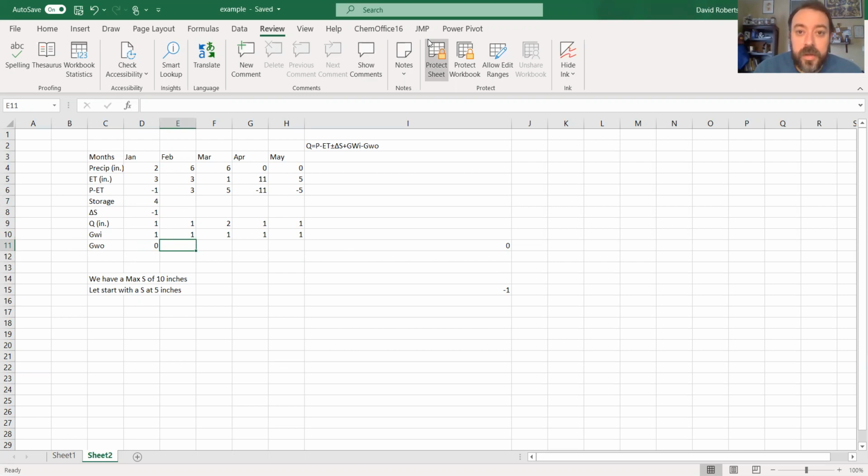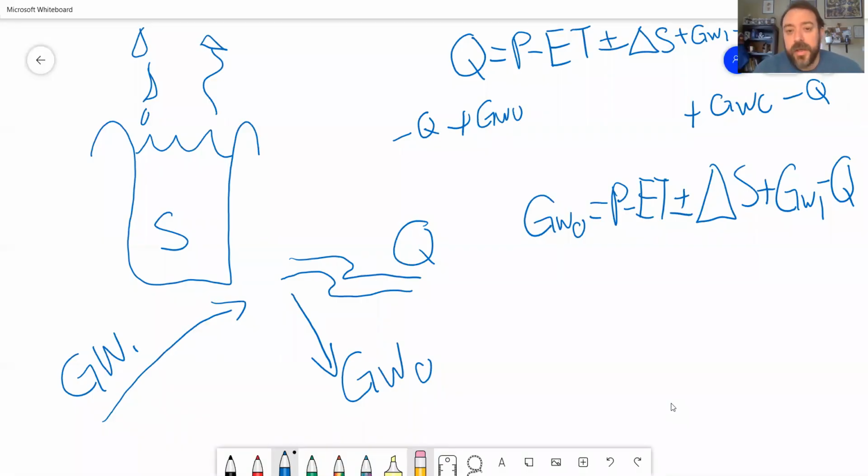Kind of to help illustrate that maybe a little easier, I drew out some stuff. So hopefully my horrible drawing will help you out with all this. With our first one, we know we had 2 inches of precipitation and 3 inches right there. So our delta in here is -1.